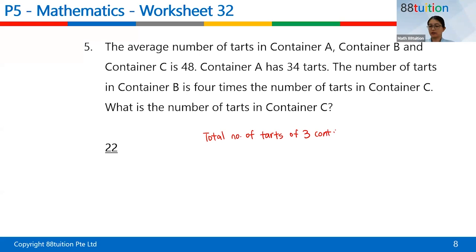Okay, the total number of tarts in the 3 containers is 48 times 3. The number of tarts in B is 4 times the number of tarts in C. What's the number of tarts in C?